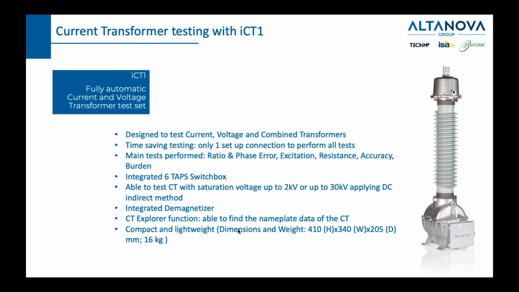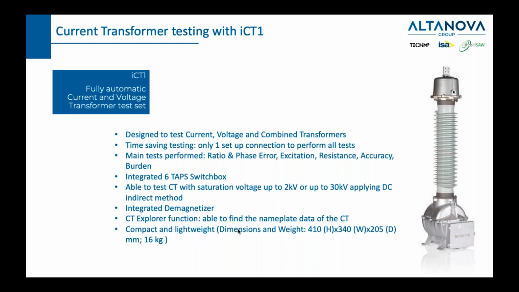And let me give you some finer points regarding the iCT1. It's designed to test current, voltage, and combined transformers. Also, it is time saving, meaning that one setup of connections is done to perform all the tests.